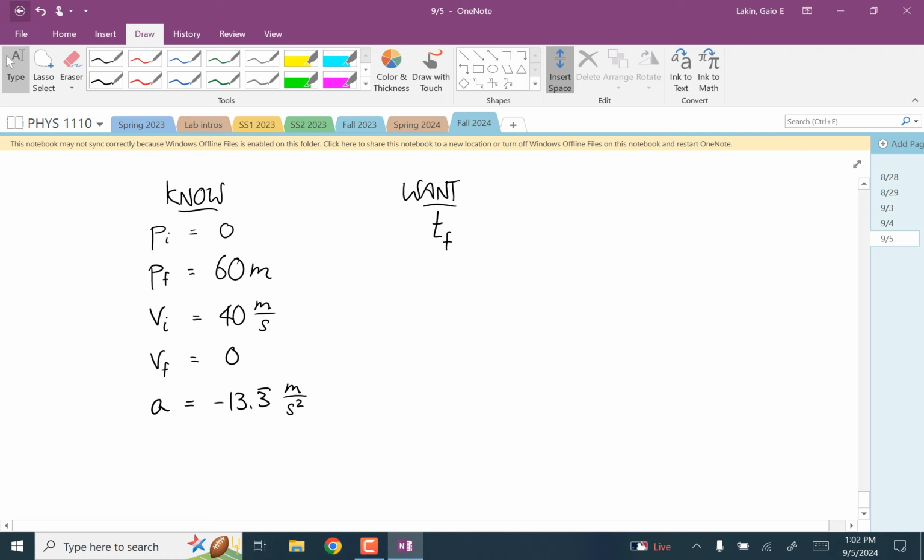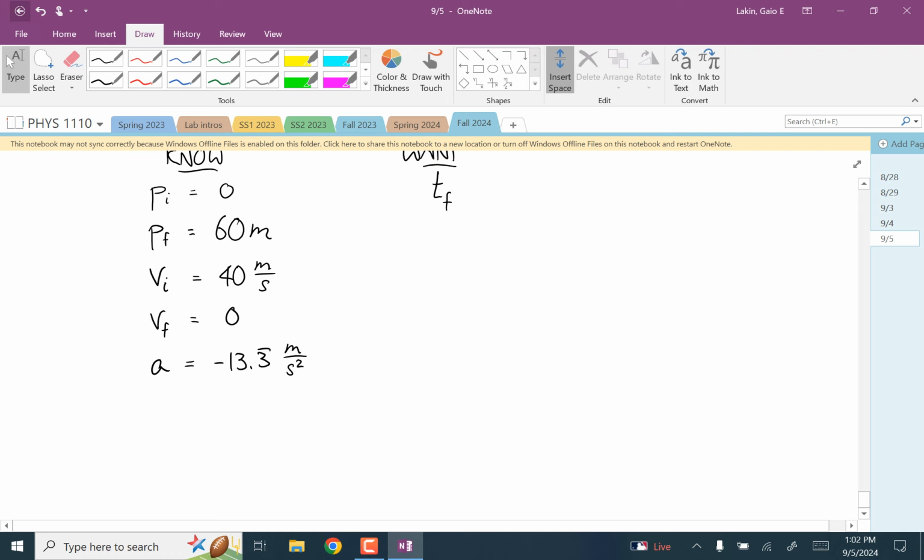Okay, so we're looking for an equation that works. Let's try this one: VF is equal to VI plus A TF. This has TF in it, so that's a good start. Then VF we know, VI we know, and A we know. So this will work.